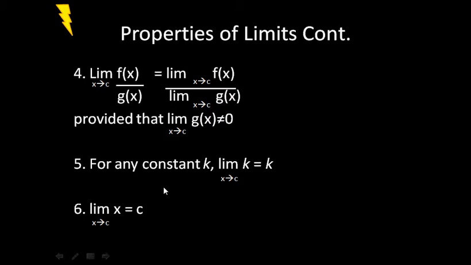And then if you're taking a limit of just a constant, it's simply the constant. So if you're taking the limit as x approaches 3 of 5, the answer is just 5, because it's always approaching 5, it's always at 5. And then if you're taking the limit as x approaches c of x, it is just c.